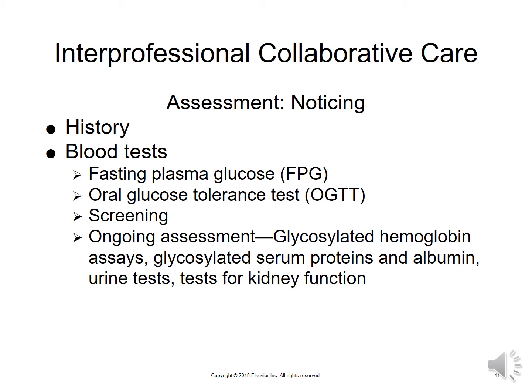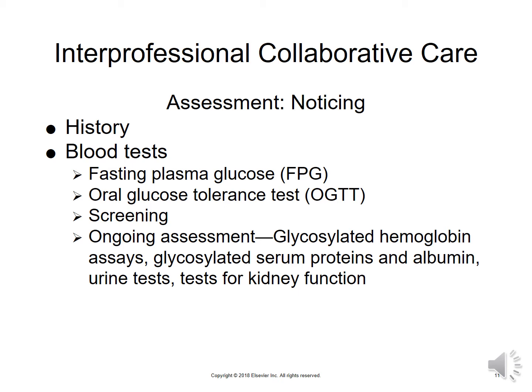If you're working with a patient and you're changing their medications and you want to see how they're doing before 3 months, you can do a glycosylated serum protein and albumin test. This is called a fructosamine assay, and it checks that glucose that binds to amino groups on serum proteins, especially albumin.